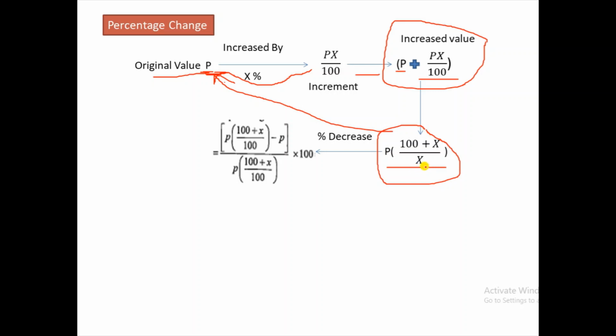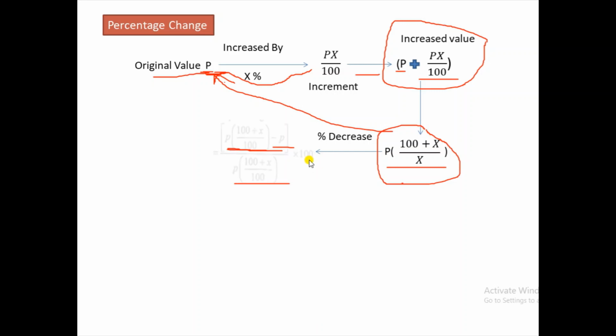This is the original value. Now we are starting from here. This is the original value, the increased value, and I want the final value as P. I want the decreased value as P. So this is the larger value, and from that I want this P value, which is going to be small, because I'm going to decrease it. So what is going to change?